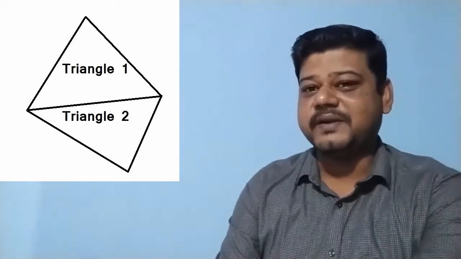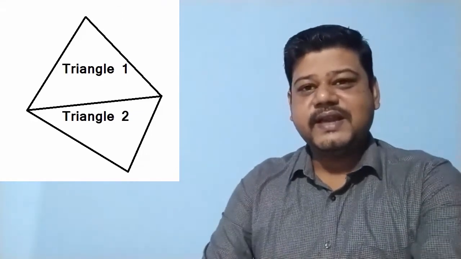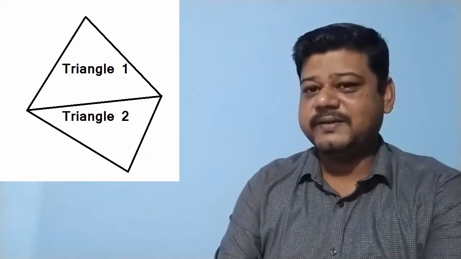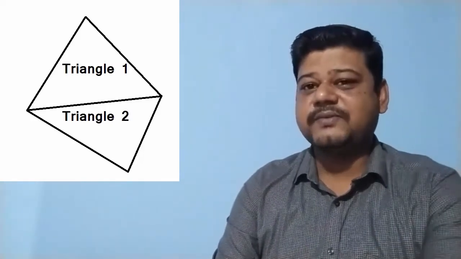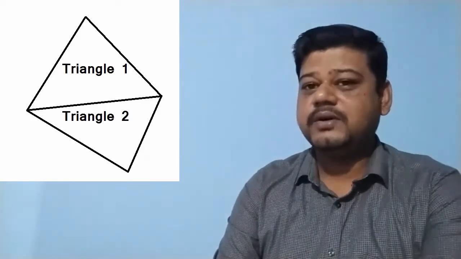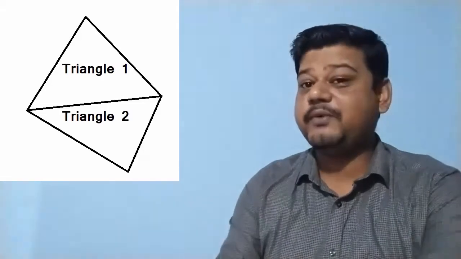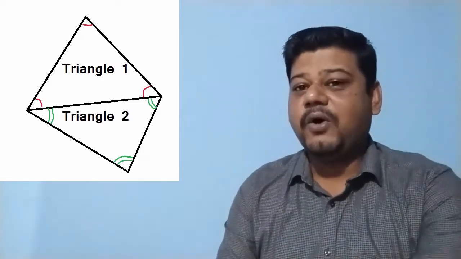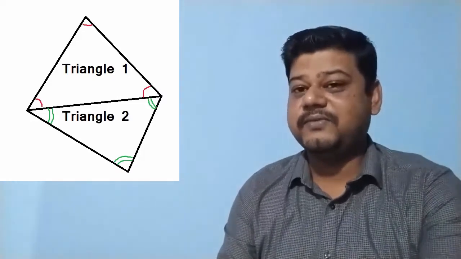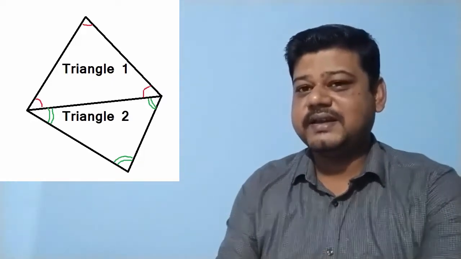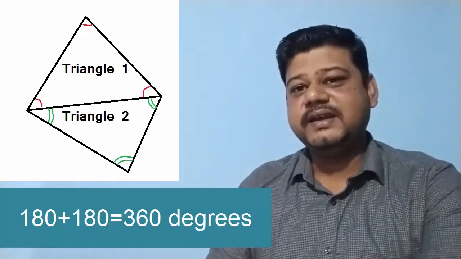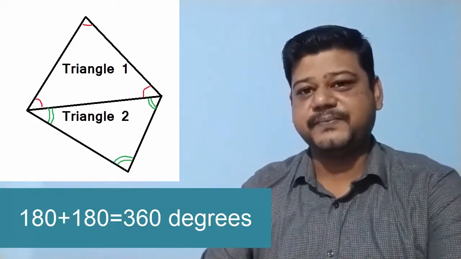In class 7, you have already learned that by the angle sum property of a triangle, the sum of the angles of a triangle is equal to 180 degrees. Now, here we have two triangles, and if we want to add all the angles of these two triangles, then the result will be 180 plus 180, that is 360.